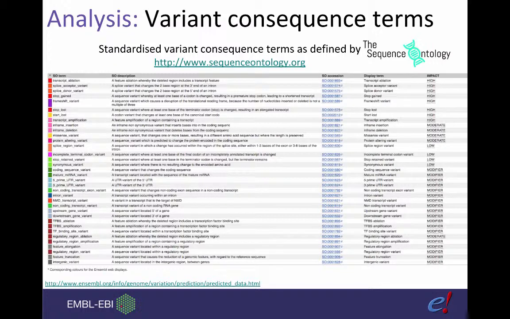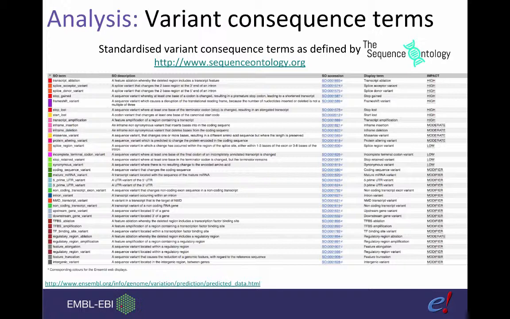So let's take a look at these variant consequence terms. I'm not expecting you to be able to read all of this data on the slide, but you can find the link at the bottom here. This is just to highlight the different terms that we can apply to a variant. These are standardized variant consequence terms defined by the Sequence Ontology Consortium. If you look along the left-hand side of this table, you can see a range of different colors.